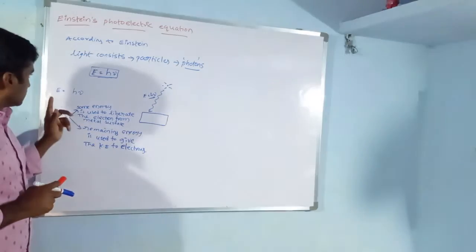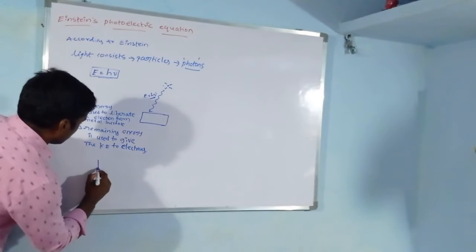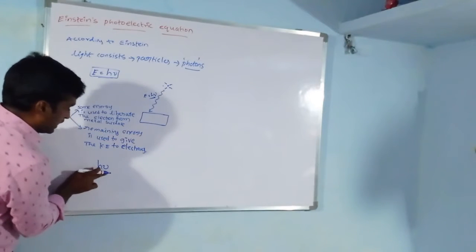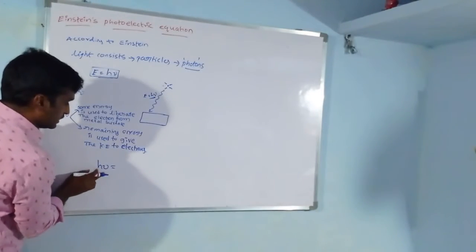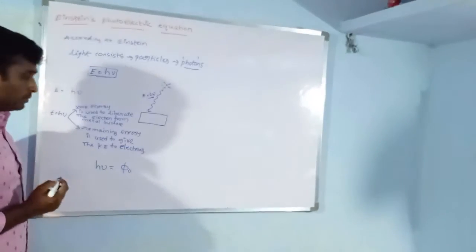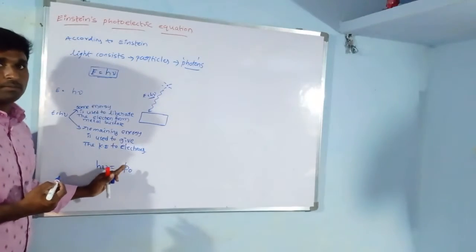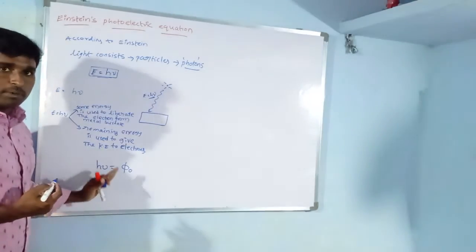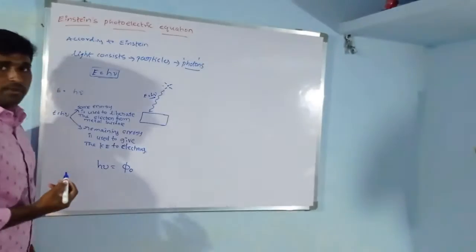We can write this mathematically: h nu is the energy incident on the metal surface, and it is used in two ways. One is to liberate the electron, that means to overcome the work function, for which we have to supply some minimum energy. That minimum energy is called the work function, indicated by phi naught, sometimes by W. The remaining energy increases the kinetic energy of the electron.